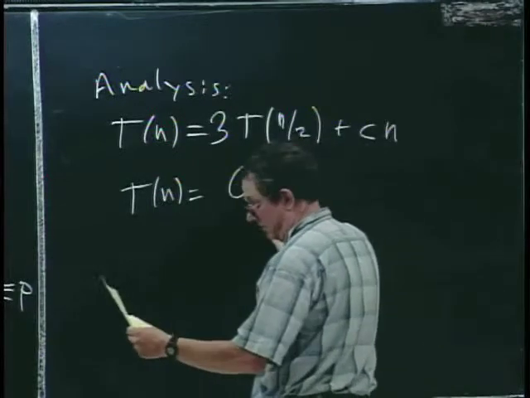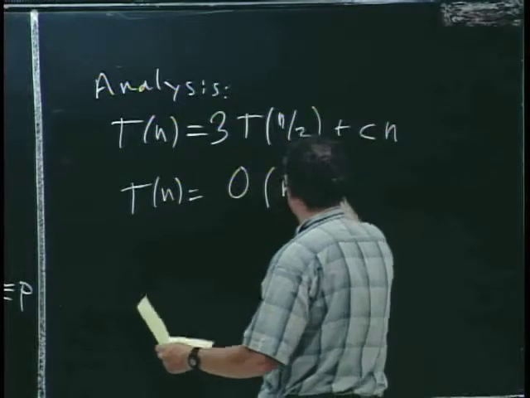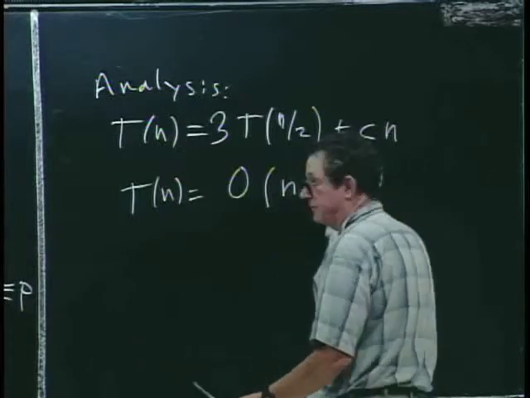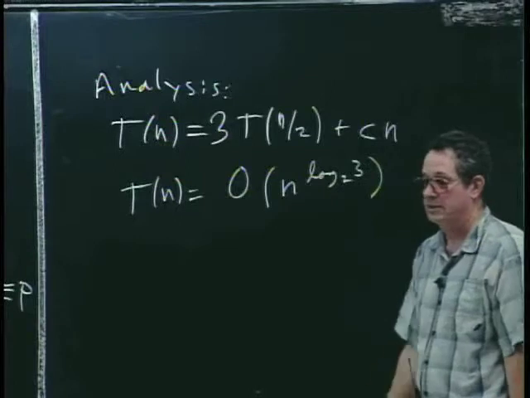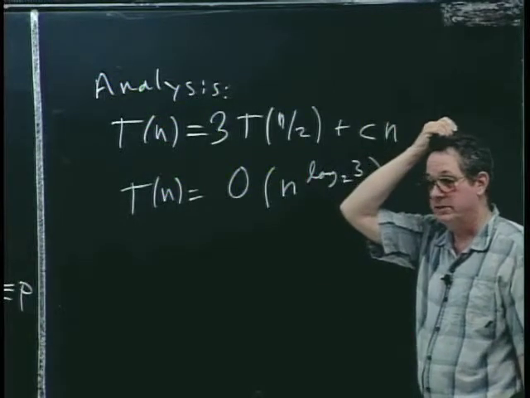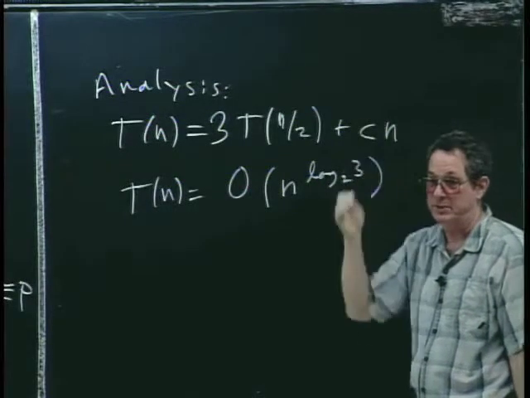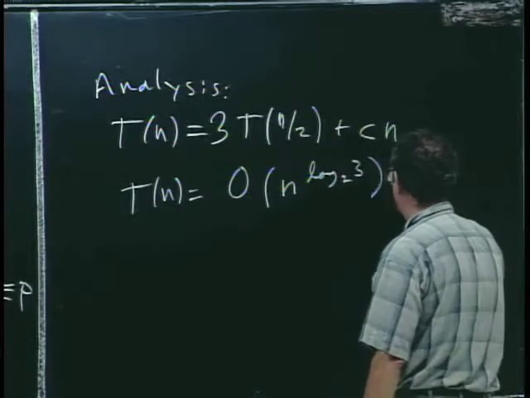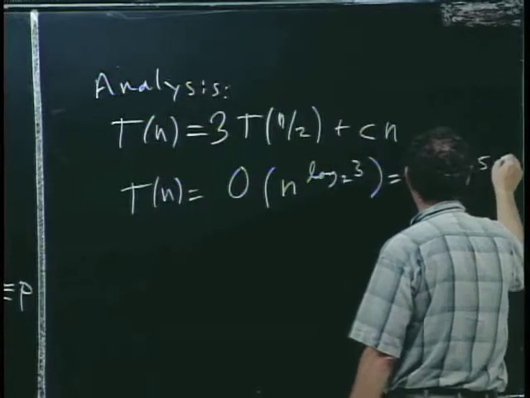It's big O of n to the log base 2 of 3. Log base 2 of 3 is just a number. Is that bigger or smaller than 2? It's smaller, because log base 2 of 4 is 2. Log base 2 of 3 is certainly going to be smaller than that. And it's close to 1.59. So this is big O n to the 1.59.